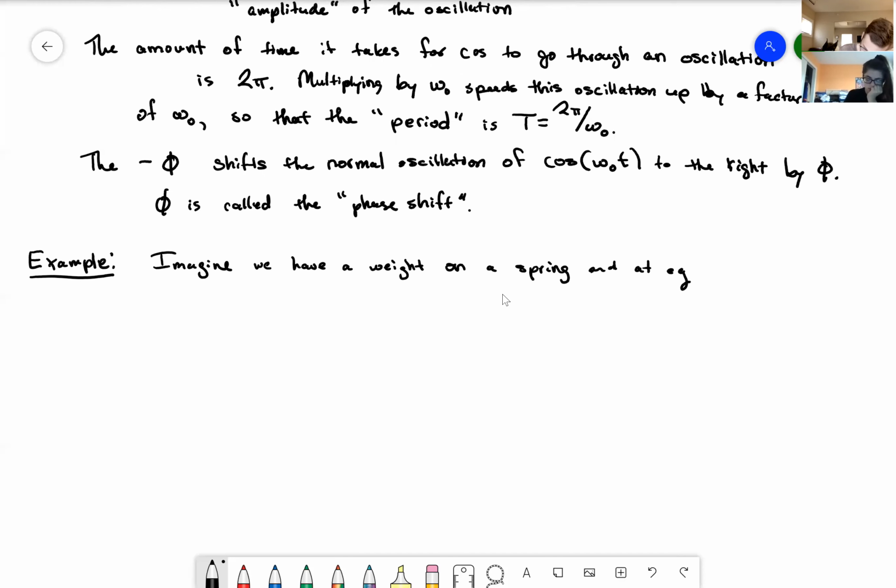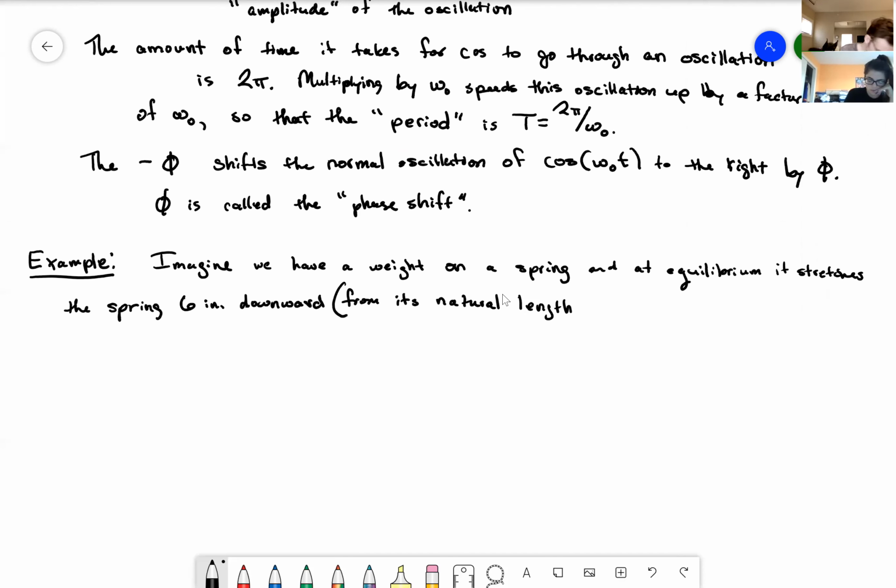At equilibrium, when there's no velocity, no acceleration, the object is just sitting still and all of the forces are balanced out, it stretches the spring 6 inches downward from its natural length. So that's where it gets to the point of equilibrium.